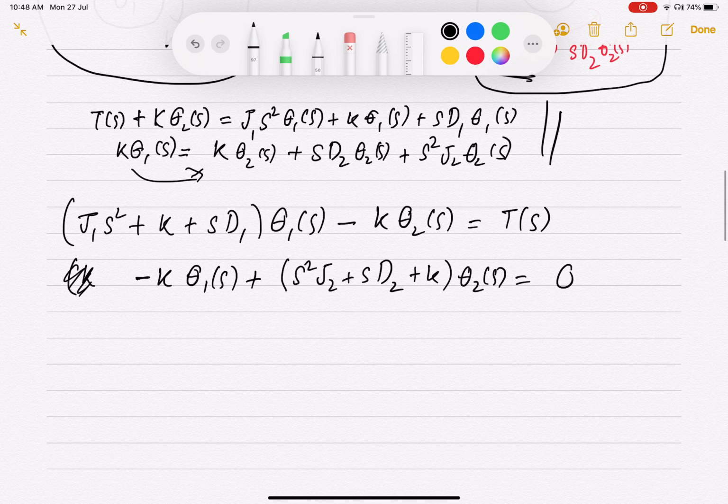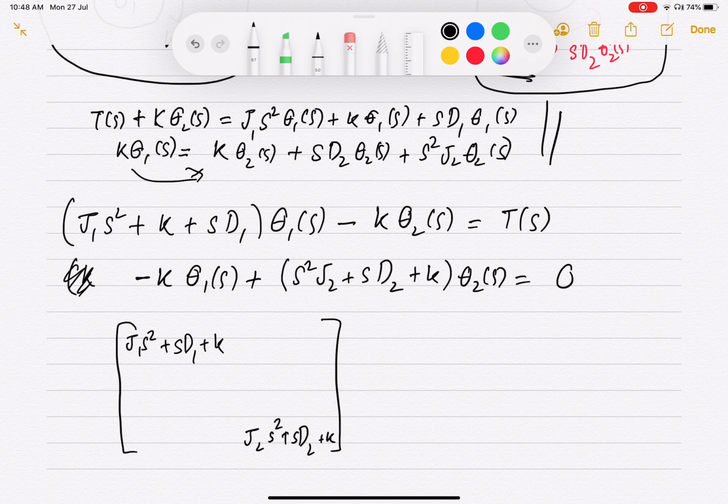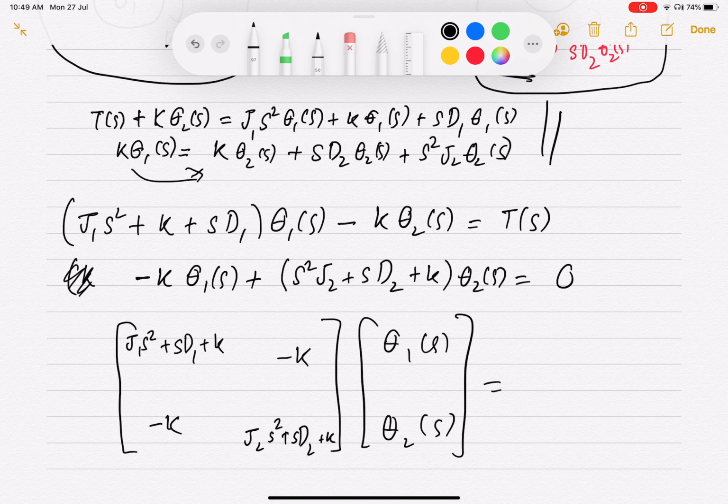Now if you write this in matrix form, you get J1 s squared plus s D1 plus K, J2 s squared plus s D2 plus K, minus K, times theta 1(s), theta 2(s), is equal to T(s) and 0.